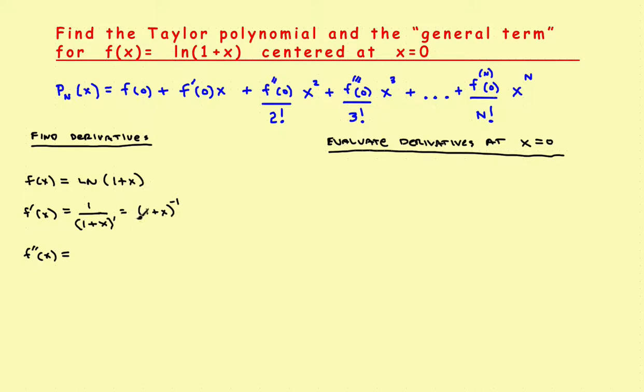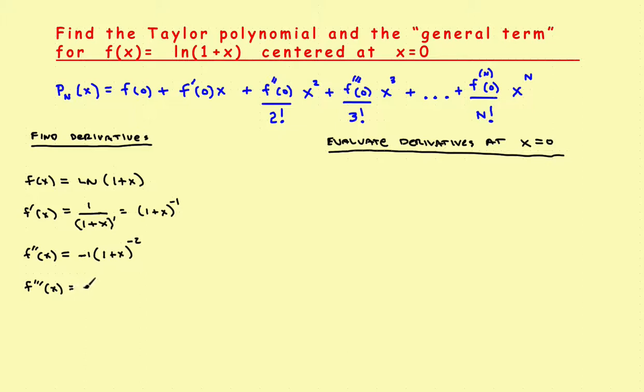So now this one you can use the chain rule on. So it's going to be minus 1, bring the exponent down. Then you've got 1 plus x, but now it's to the negative 2 power. Then times the derivative of what's on the inside, which is just a 1. So now I want to find the third derivative. Again, bring the exponent down.